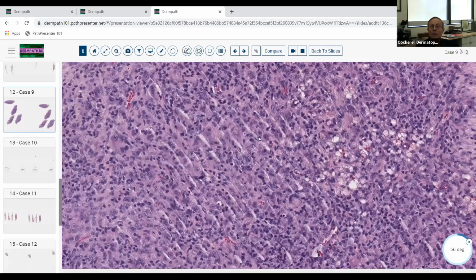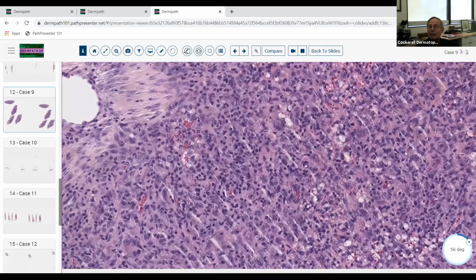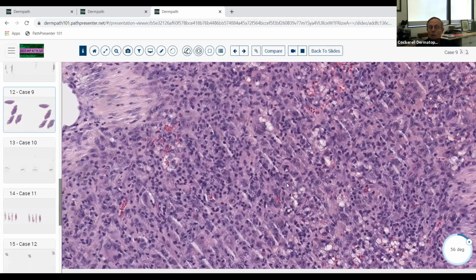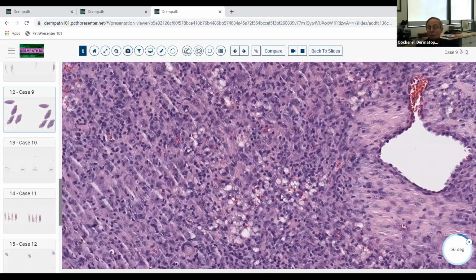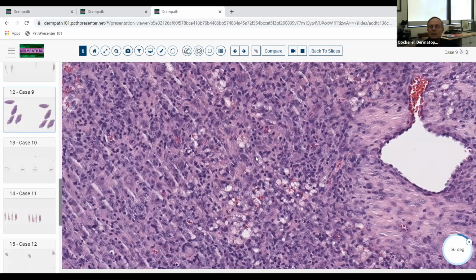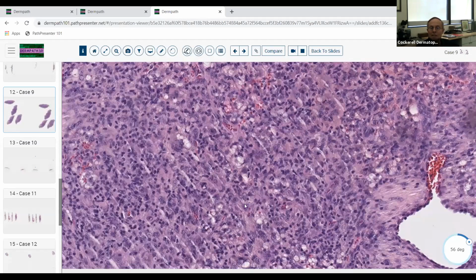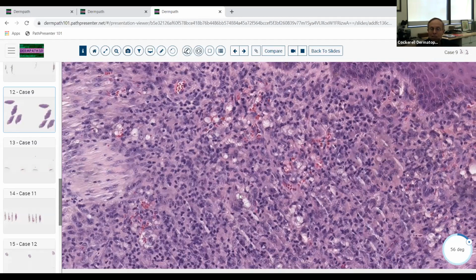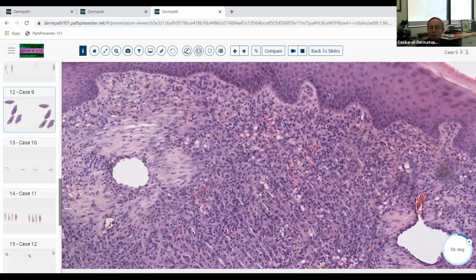These look like histiocytes, and some of these have foamy cytoplasm, even more than the last case of the eruptive xanthoma that we just saw. When you see these multinucleated histiocytes forming this wreath with the foamy cytoplasm within them, we refer to those as Touton giant cells.